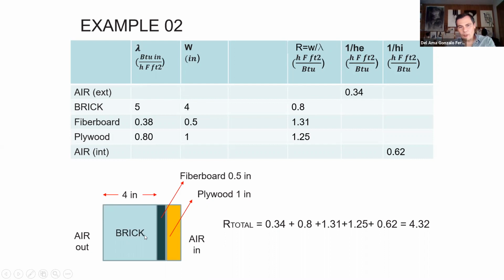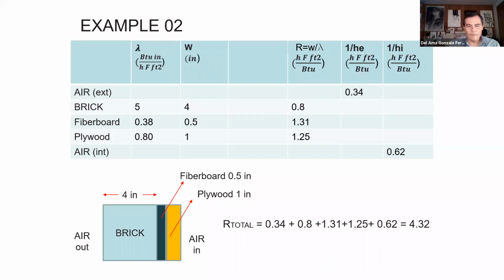If we are working with walls, that would always be 0.34, the thermal resistance of the exterior air layer, and 0.62, the thermal resistance of the interior air layer. The total thermal resistance, 0.34 plus 0.8 plus 1.31 plus 1.25 plus 0.62, total 4.32.